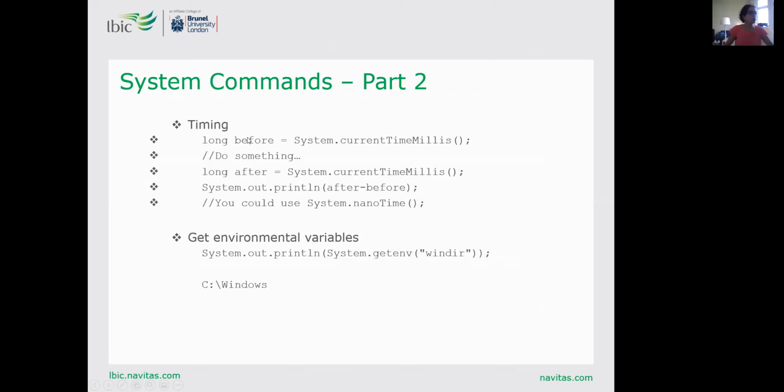So you would say System.currentTimeMillis is assigned to a variable which is before, and then after this initialization, you do something. Say after is the current time from System, and then you print after subtracted by before.